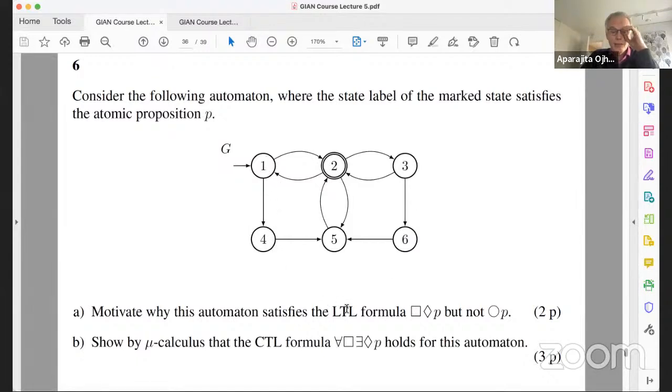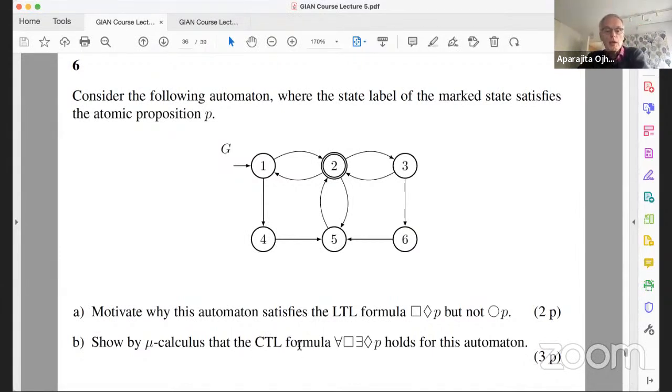Once again, an LTL formula must be true for every sequence. So I start in state 1, I get one next state 2, but I have another next state 4, which is not marked. And that means that not P. Next P is not true.